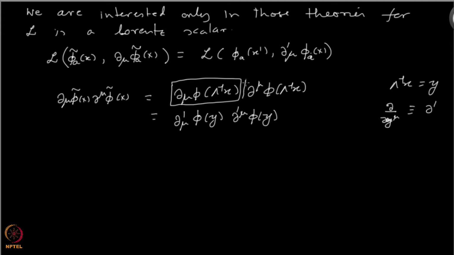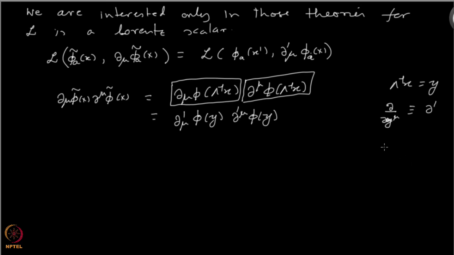Now this one has a mu index up which says that it transforms like a contravariant vector. Okay, and these transformation laws for this one and that one are such that they are inverses of each other. And that is why it turns out to be a scalar, because the way this one transforms cancels with the way the other transforms, and that's why it forms a Lorentz scalar.